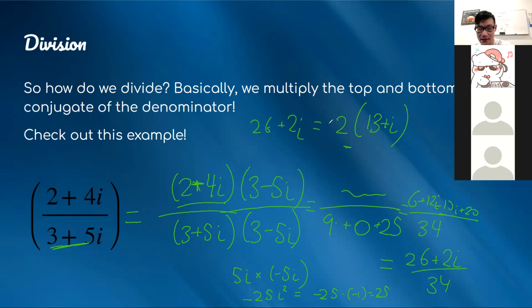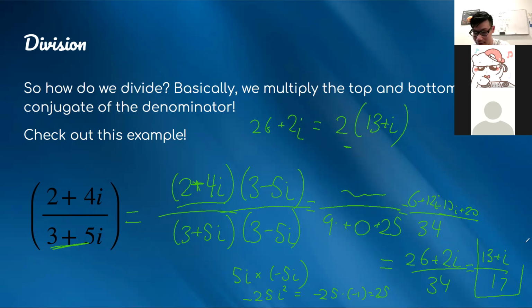Because we know that 2 times 13 is 26, and 2 times i is 2i, then this equals this, right? Distributive property again. And if we factor this out, we also know that the bottom is divisible by 2. So right now we're just simplifying the fraction. We can divide the top by 2, which is this, and we can divide the bottom by 2, which is this. And this would be our final answer: 13 plus i over 17.